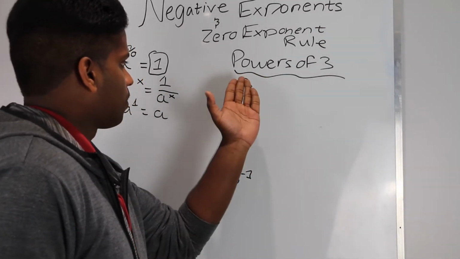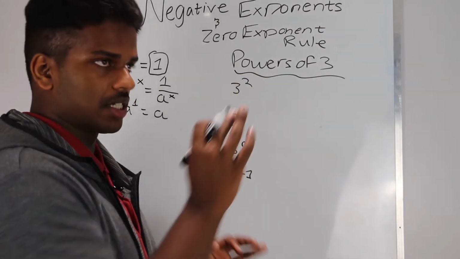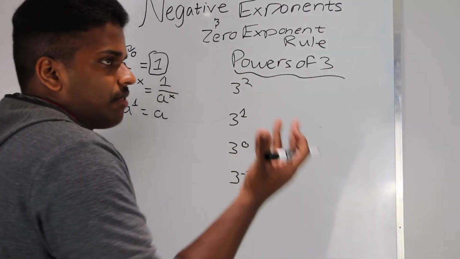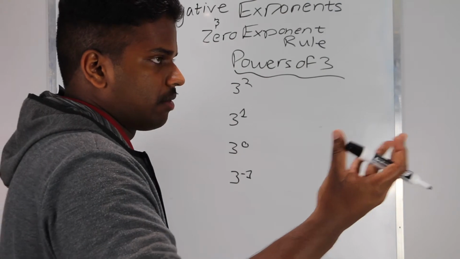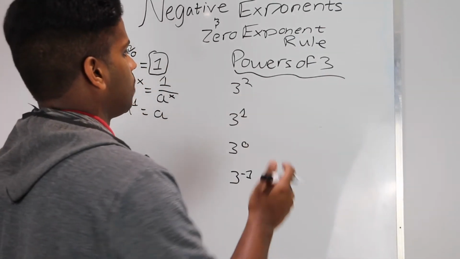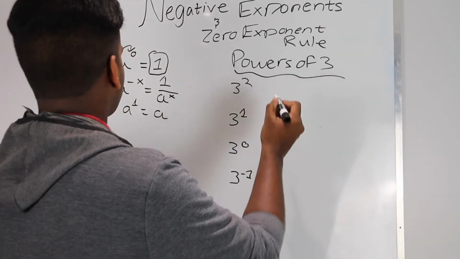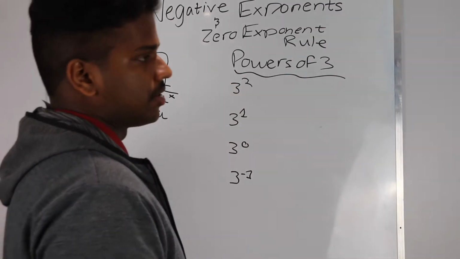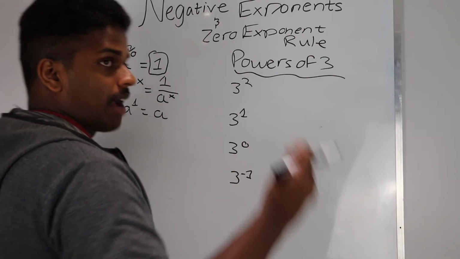They could be negative or positive, but they're just integers. So far we're dealing with exponents that are integers, positive and negative. We'll look at fractions in the next video.